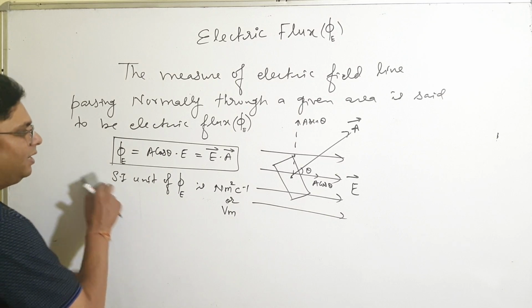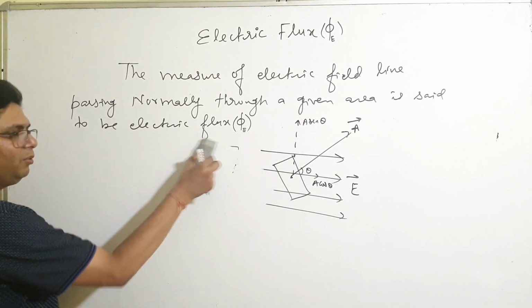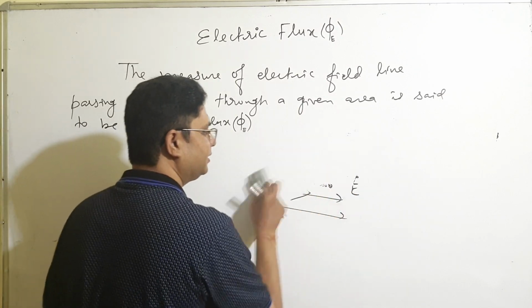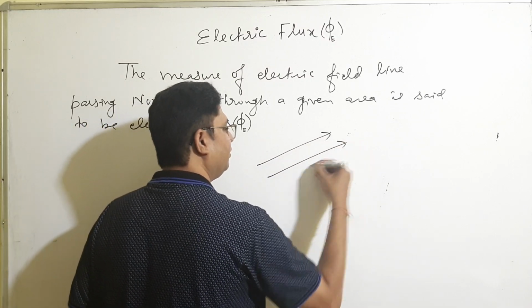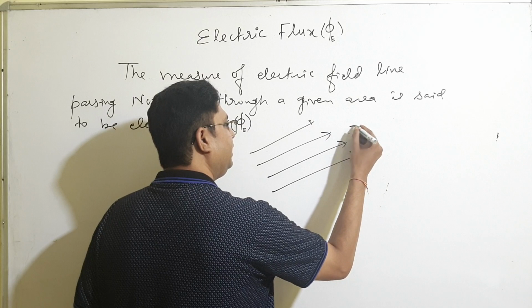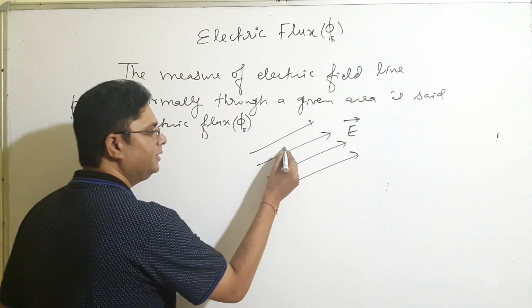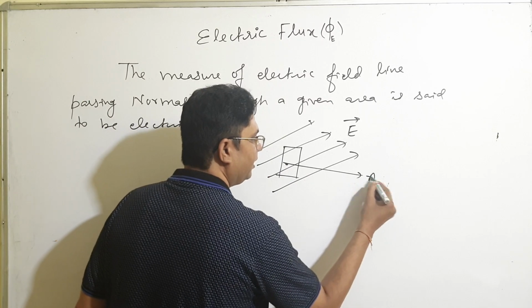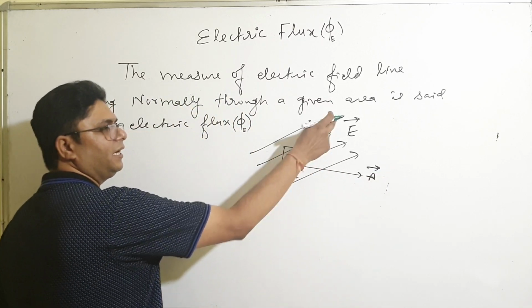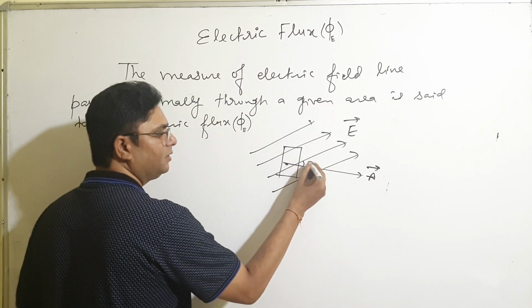Now let us have another diagram to understand again this electric flux. In this diagram, this is the electric field E and this is the area vector A. So area vector and electric field have the angle theta.